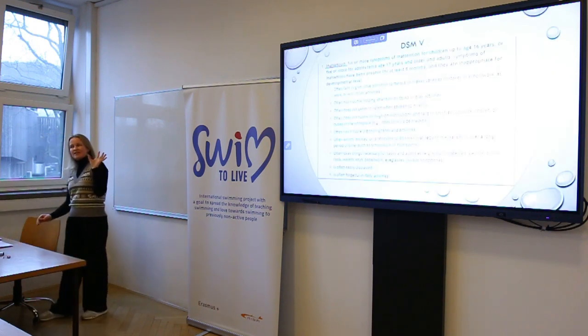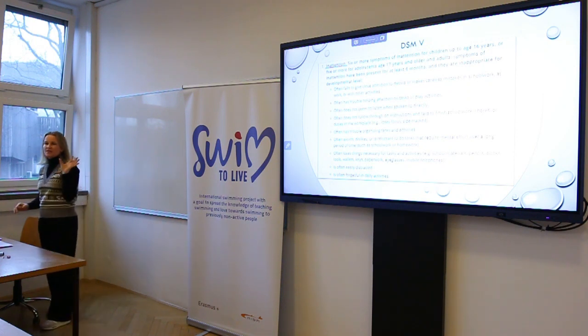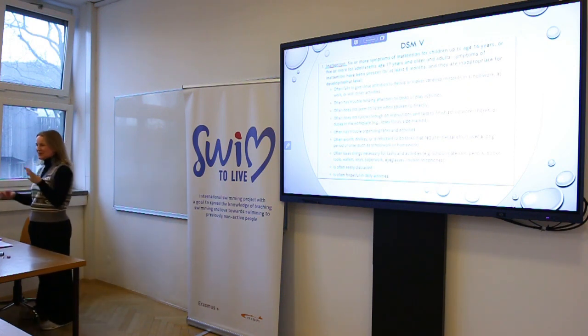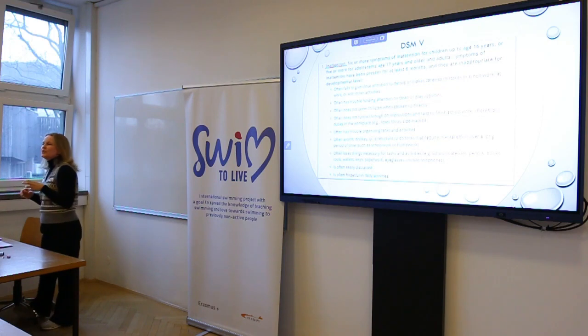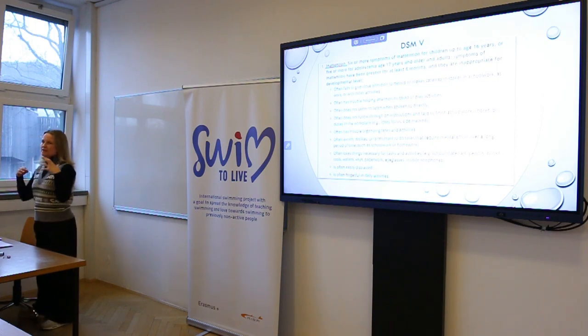So here are just a couple of slides. It's not for you to remember them because they're really full. It's just for you to remember how we can diagnose a child with ADHD. Because in common public opinion, very often people say, you know, this one has ADHD because he's running around, but it's not ADHD if the criteria are not fulfilled.